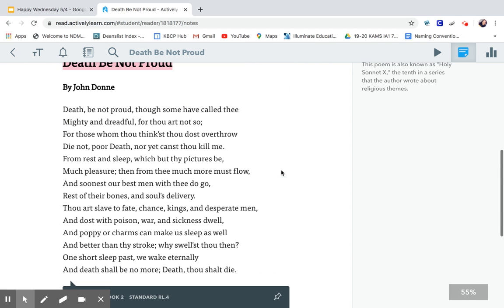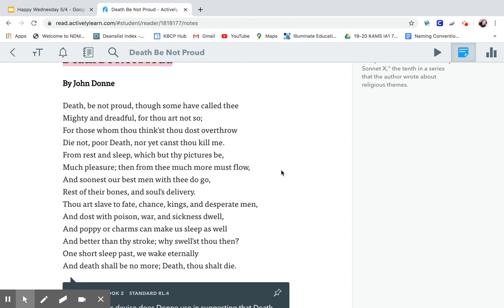Okay? All right. So death be not proud, though some have called thee mighty and dreadful, for thou art not so. For those whom thou thinkest thou dost overthrow, die not, poor death, nor yet canst thou kill me. From rest and sleep, which but thy pictures be, much pleasure then from thee much more must flow, and soonest our best men with thee do go, rest of their bones and soul's delivery.